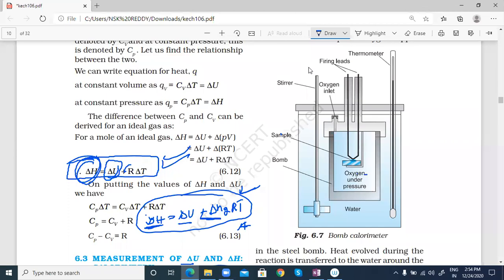Whenever they ignite the sample, ignite means they start to heat. This is the sample, which is blue color. This sample they are going to burn. First, they measure temperature T1 by using the thermometer, and they heat.